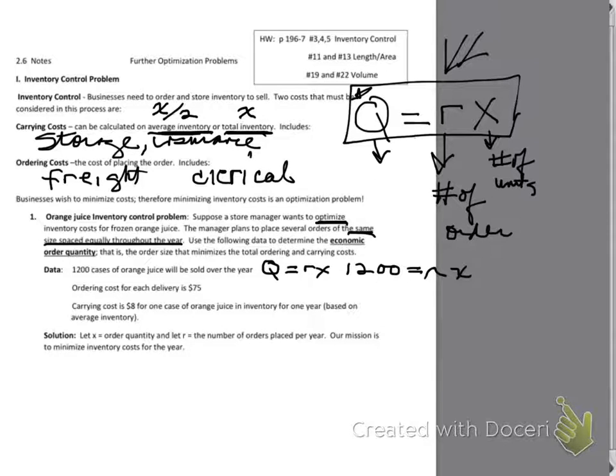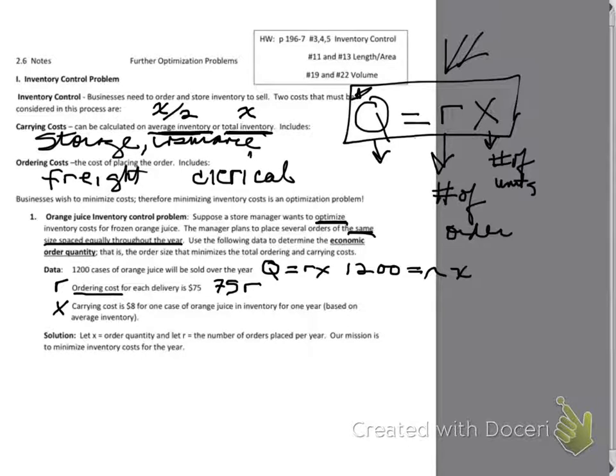Okay, our ordering cost for each delivery is $75. Okay, ordering costs will be the small r. So wherever you see ordering costs, I want you to put a small r, and it's going to be $75 times the number of times we place that order. Okay, the carrying cost is going to be based on your X, and the X is the number of units in each order.